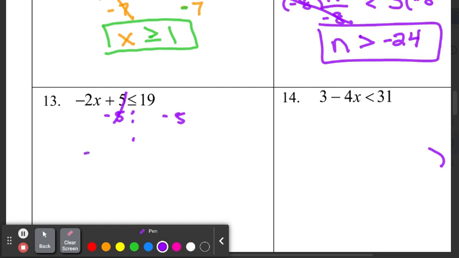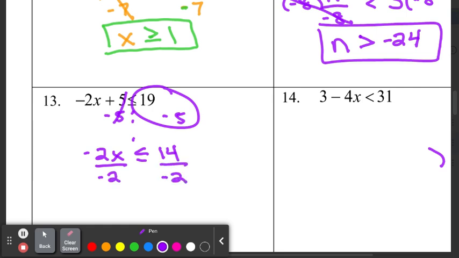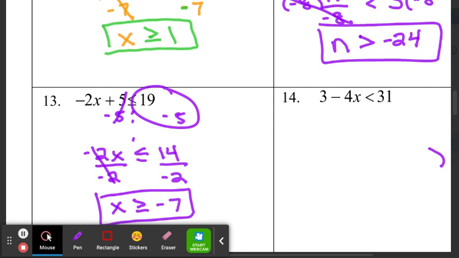Bring down your negative 2 times x, less than or equal to 19 minus 5 is 14. So to isolate the x, you divide everything by negative 2. So x is greater than or equal to, we have to flip the symbol, negative 7. It's very weird at first, but the more you practice this, the more it just becomes second nature.